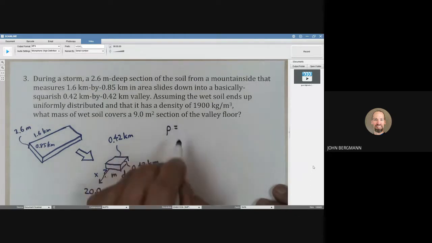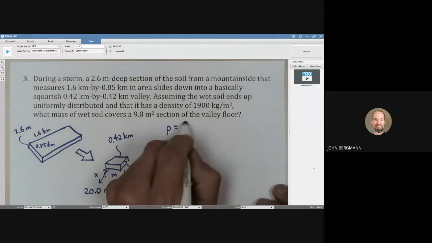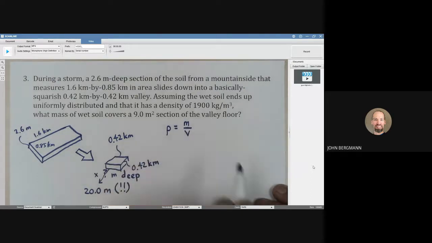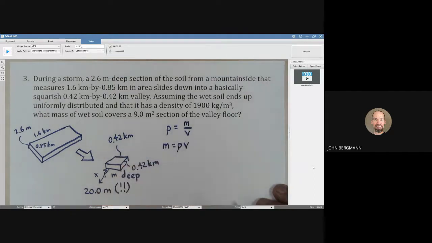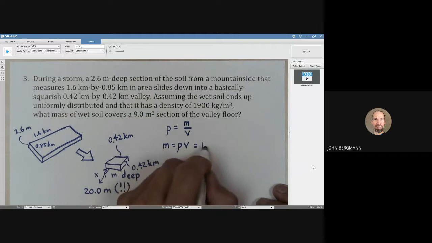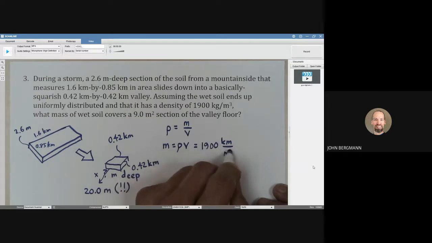Density. If you want to put a D there, that's fine, but density is mass divided by volume. We're given the density, and therefore the mass is going to be the density times the volume. The density is 1900 kilograms per cubic meter.